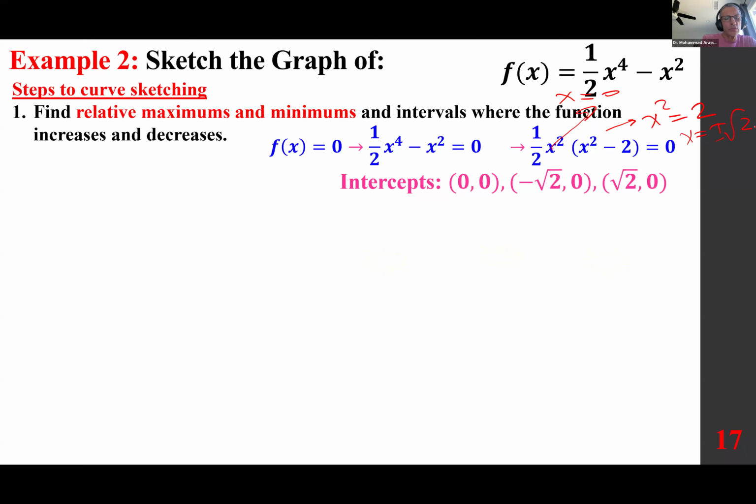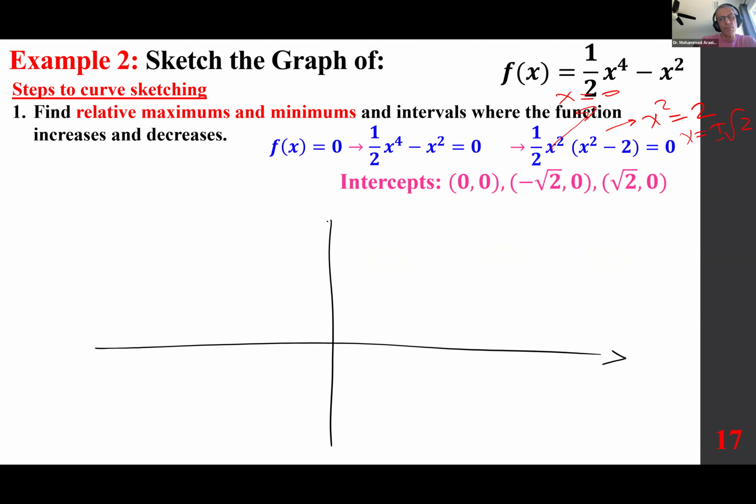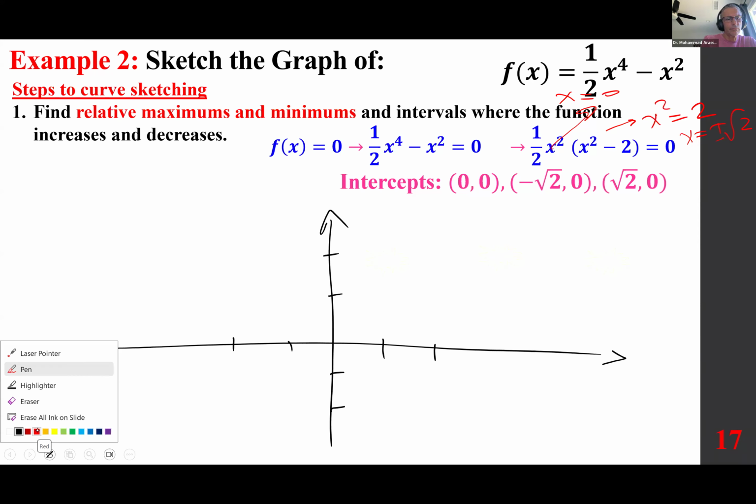So if we were to graph this, so obviously this is (0, 0).